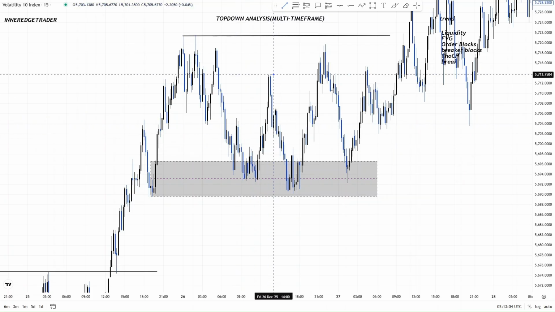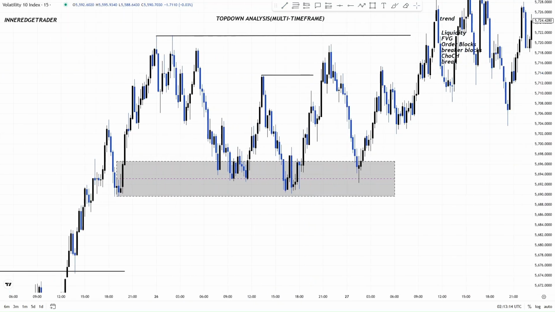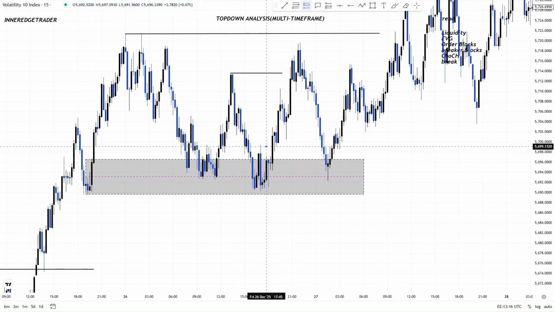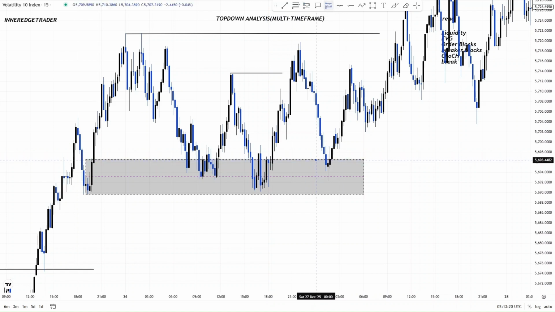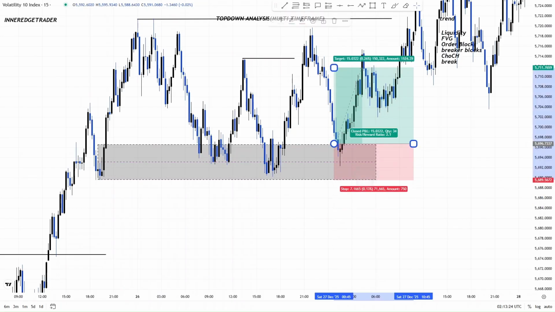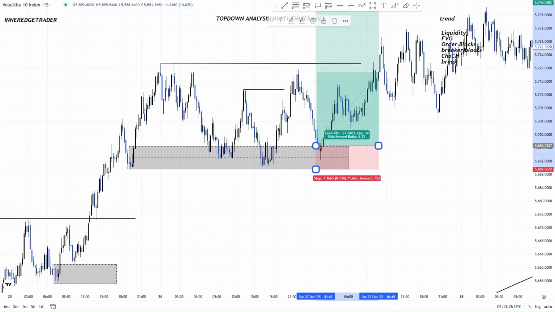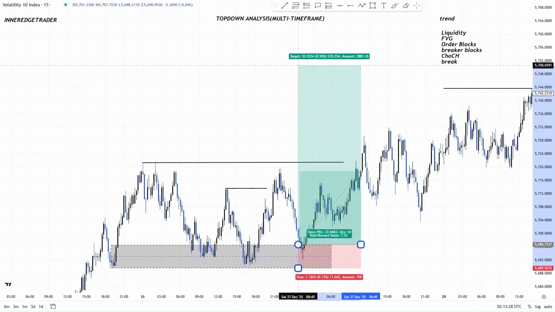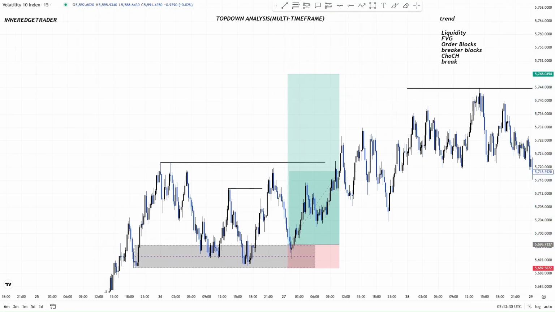So this confirmed our market structure shift for a retest to the other block. So if you're taking a trade below your other block, let's say, then to your 50 in reward ratio.